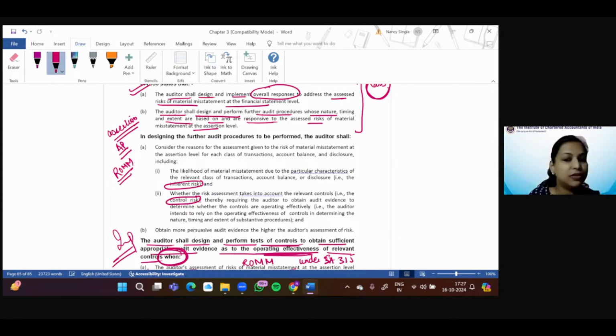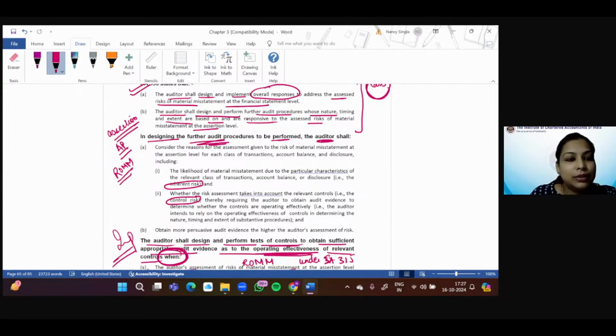Wait, let me just go through this point, then ask me the query. In designing further audit procedures to be performed, the auditor shall, you are performing certain procedures with respect to a particular transaction, with respect to which you have already assessed the risk of material misstatement, that is inherent risk and control risk. So when you are deciding what procedure is to be performed, you will consider both those things. So that is written here.